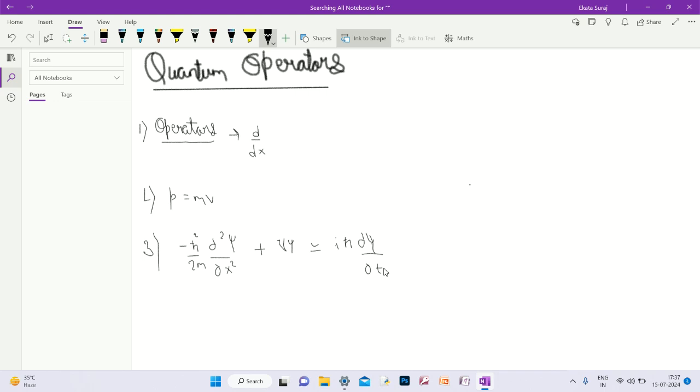A differential equation is an equation where a derivative exists. A derivative is the differentiation, so don't confuse the two, both are the same thing. So this is a differential equation where there is a derivative, which is followed by the Schrodinger wave equation.